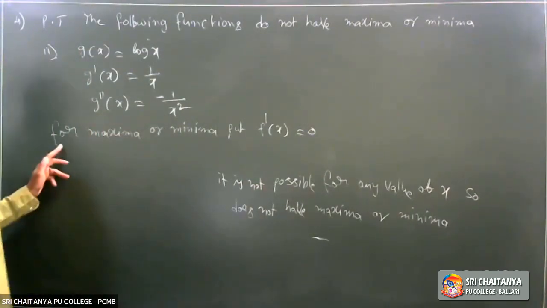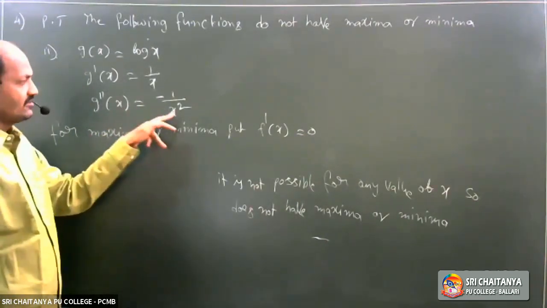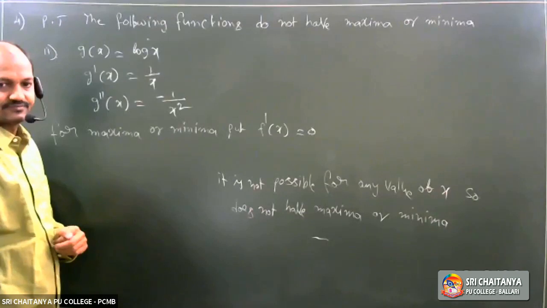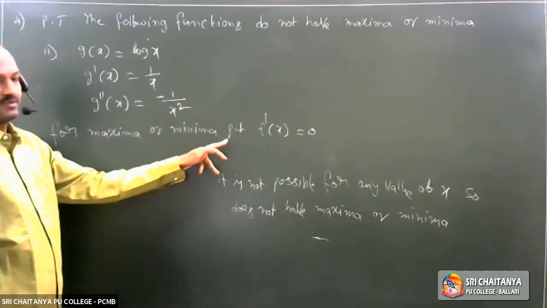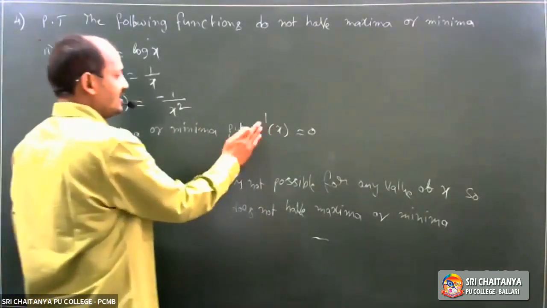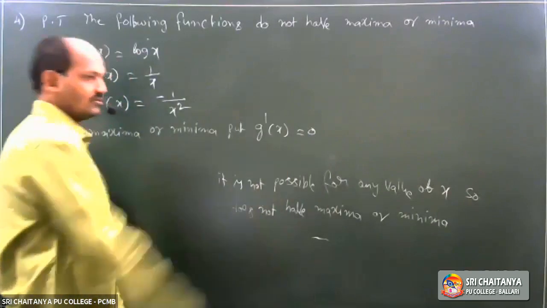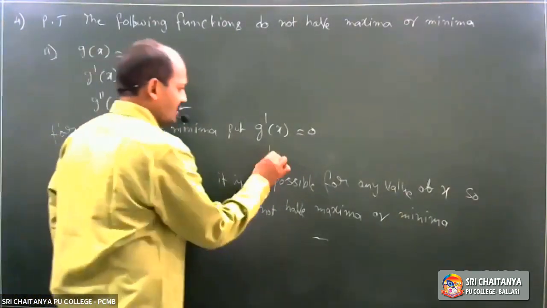This second order derivative, positive or negative, depends on x. For maxima or minima, put first derivative equal to 0, that is g dash of x equal to 0. What about g dash of x? It is 1 by x.